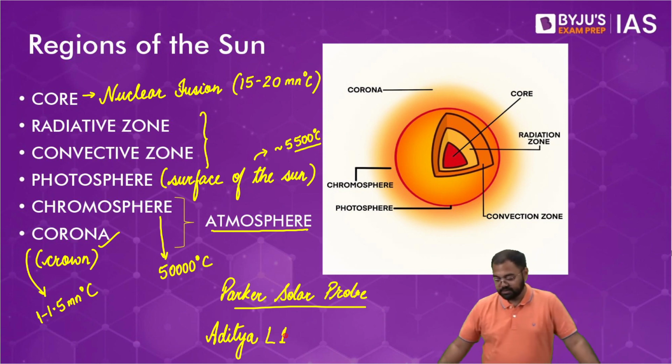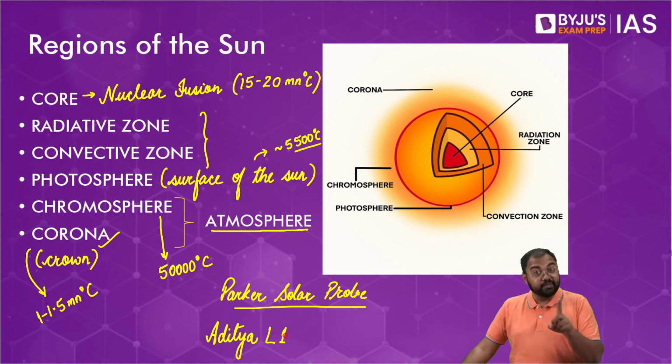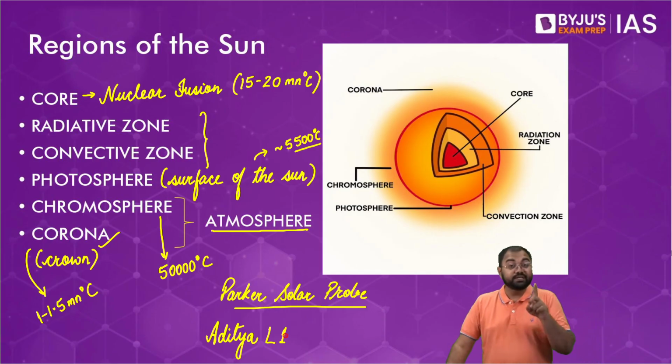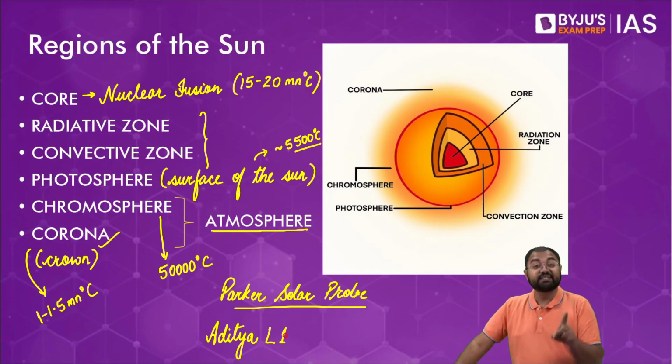One of its primary objectives is also to study the atmosphere of the sun and understand why this temperature variation happens. What's happening there, which is causing such a huge variation and a sudden rise in temperature in the chromosphere and corona.